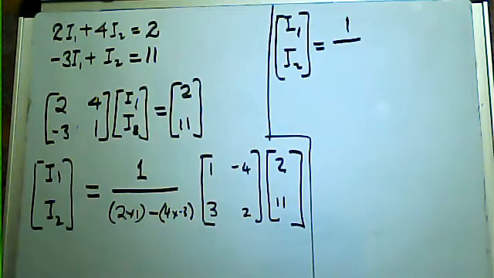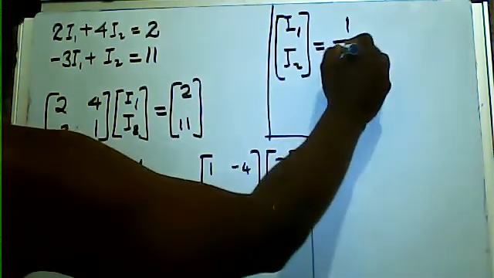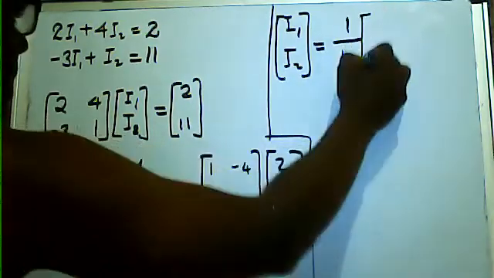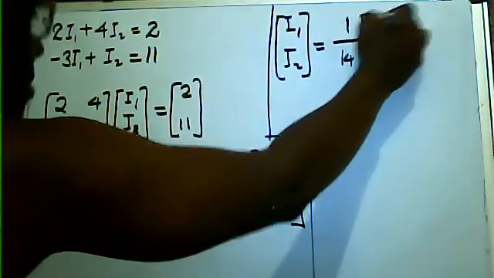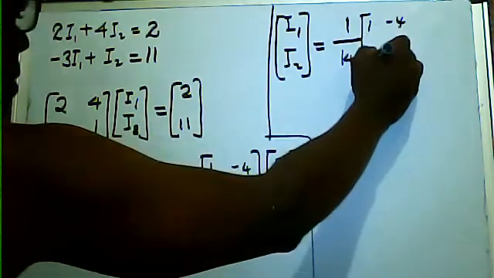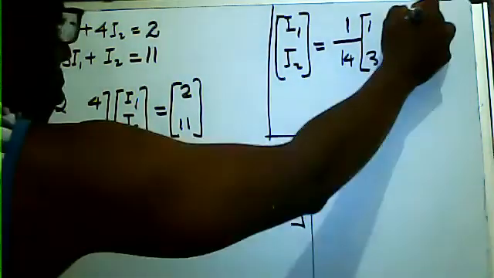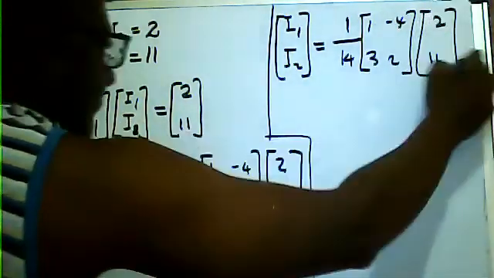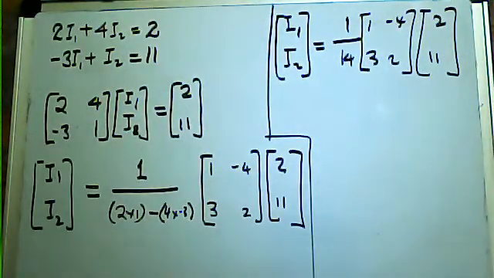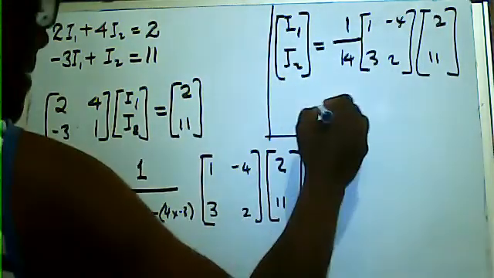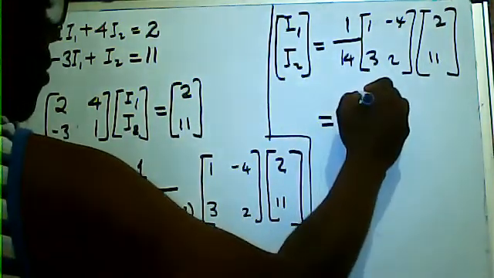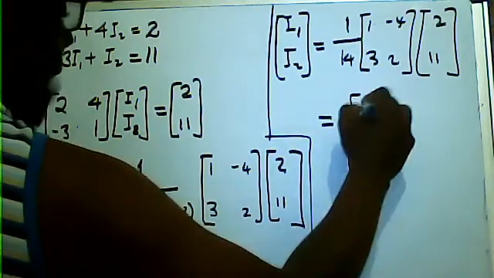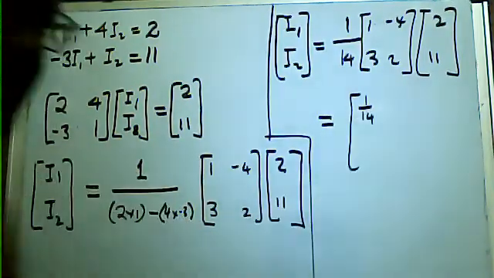Negative to be positive, so it will be 2 plus 12, 14 here. Then 1, minus 4, 3, 2, multiplied by 2, 11. Okay? So we solve the determinant, the matrix there. This is the 1 over 14.